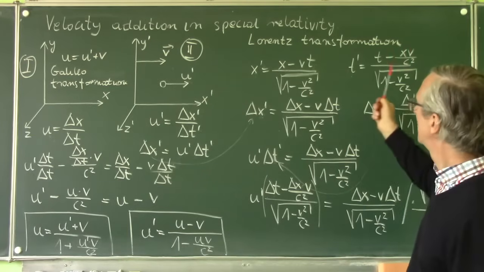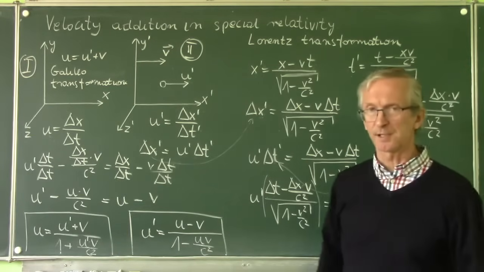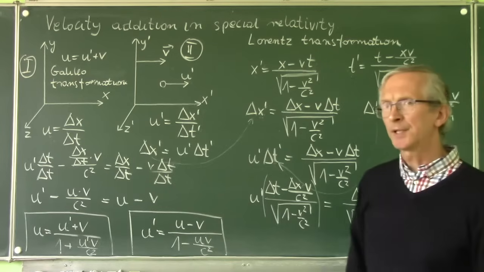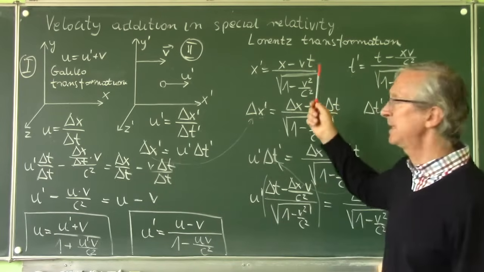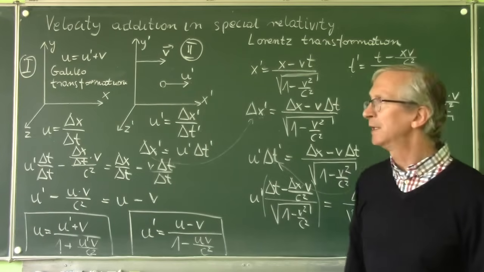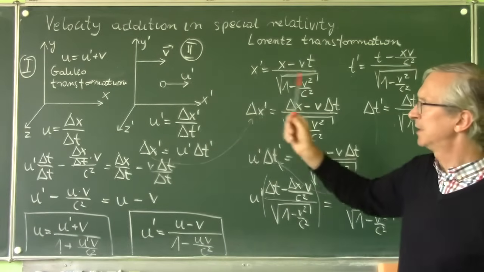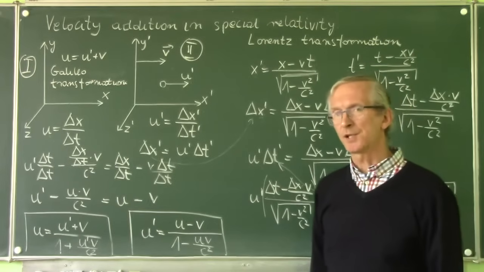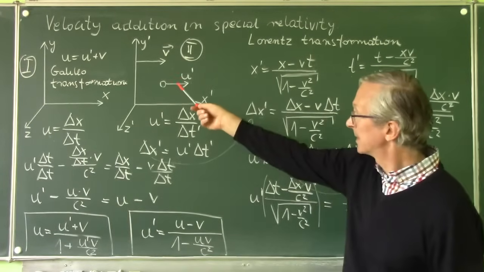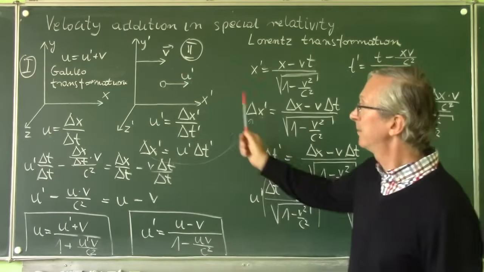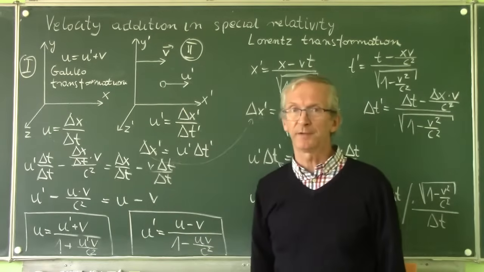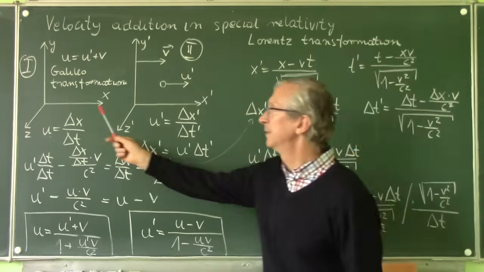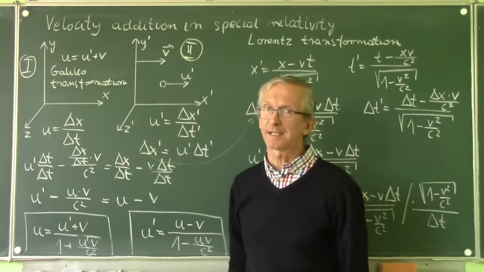I wrote here two equations describing this transformation, but it is a special case of Lorentz transformation. Just the situation where the second frame of reference is moving with constant speed in the direction of the axis x.